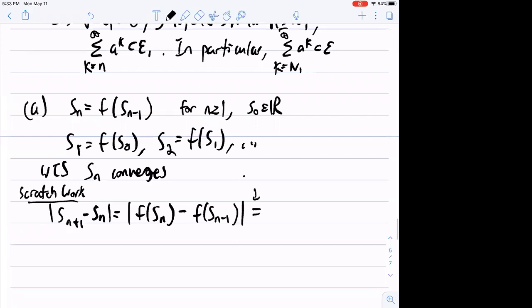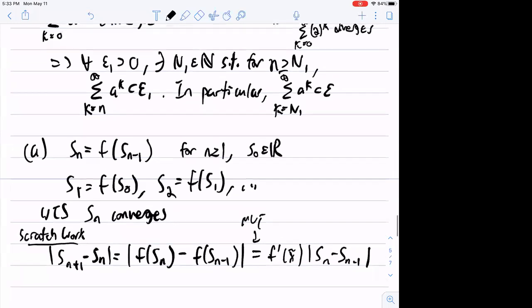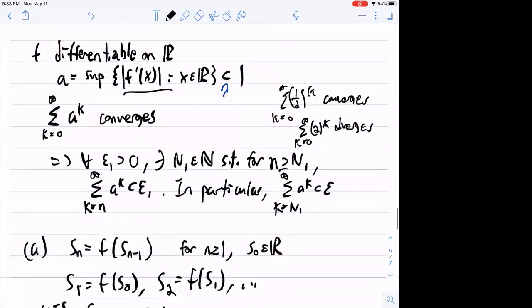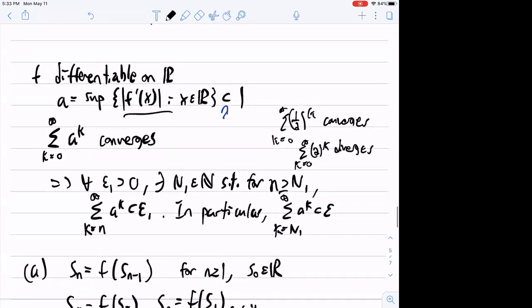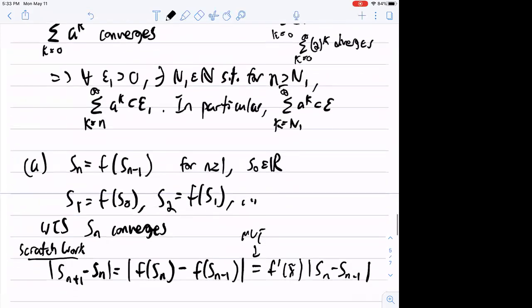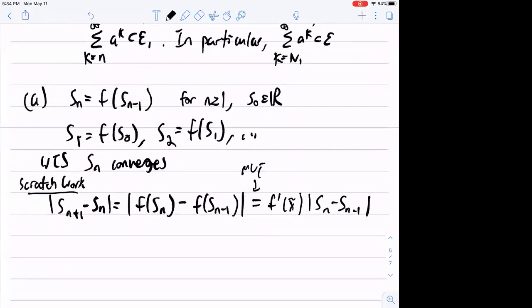And by MVT, this is just f prime at x tilde times Sn minus 1. Agree? Now, my derivative is bounded by A, because A is the sup of all derivatives. So this is smaller than or equal to A times Sn minus 1.